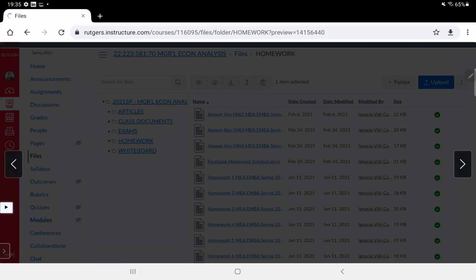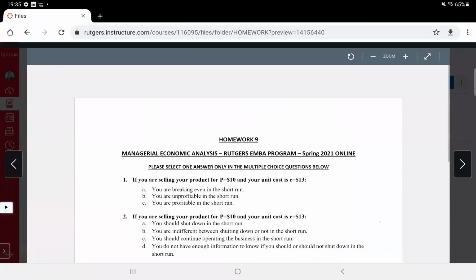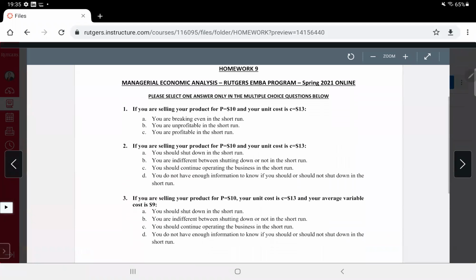These are 3 questions. And this is about the profitability and production conditions, okay? As you remember, what we said is that what we're looking at is the comparison between the price and the average variable cost. That's the one that is going to tell us if we should shut down in the short run or not.